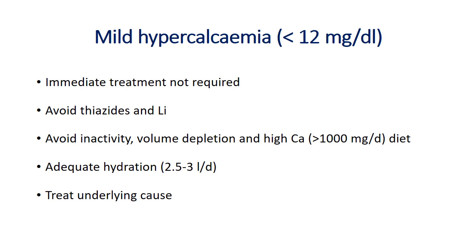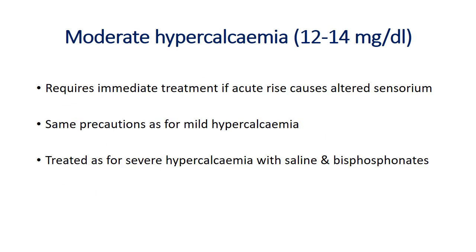You need to keep the patient well hydrated, and this hydration can be done orally. You do not need intravenous hydration in mild hypercalcemia. And you should avoid the patient taking a high calcium diet. At the same time, you should try to pinpoint the etiology of hypercalcemia, and if you find it, you should go for specific treatment to avoid further worsening or prolongation of hypercalcemia.